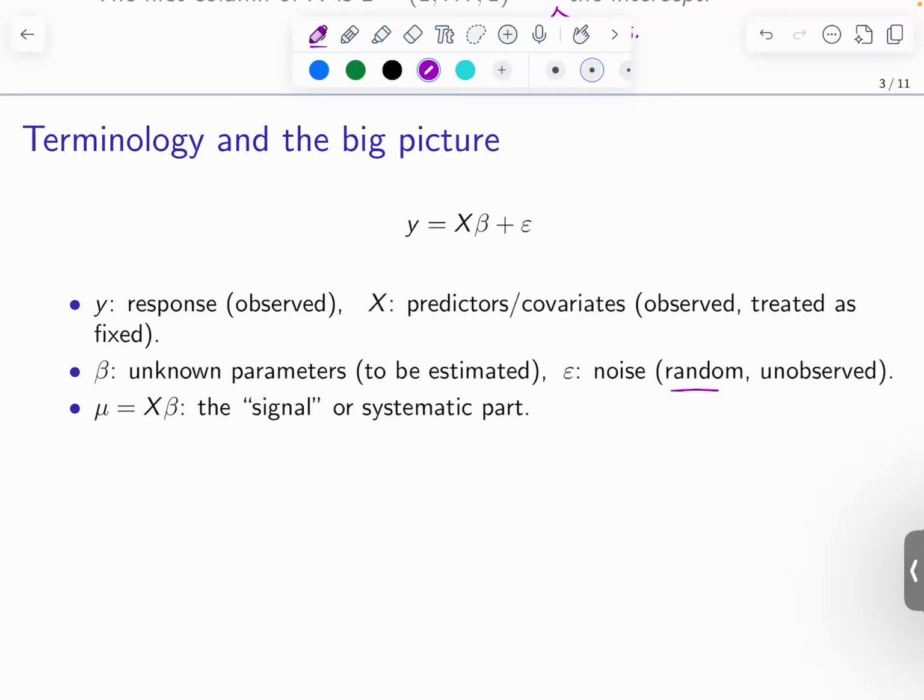And this noise is random. So far, we're not assuming anything about randomness. So far, it's just unstructured noise. But the key fact is that it's not observed. Neither beta nor epsilon are observed. And the capital X is sometimes called the design matrix.